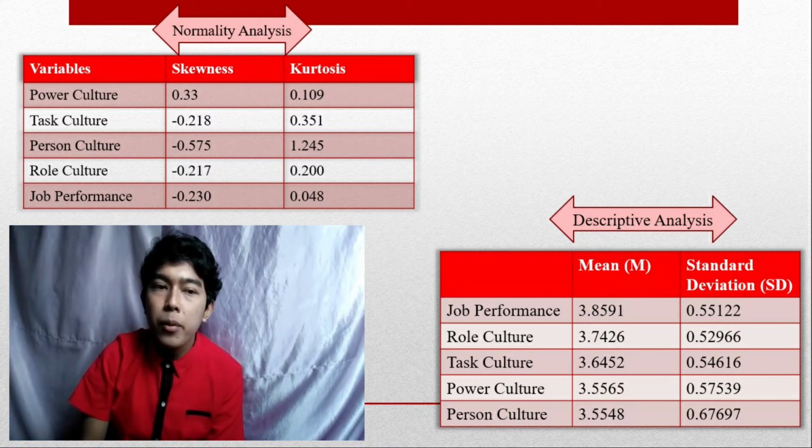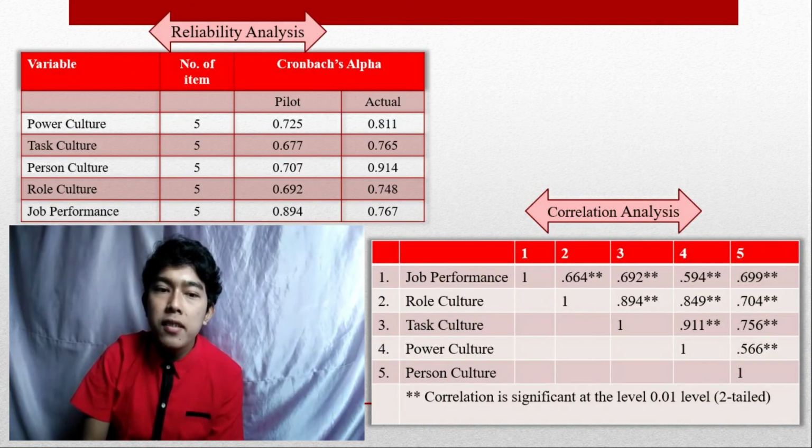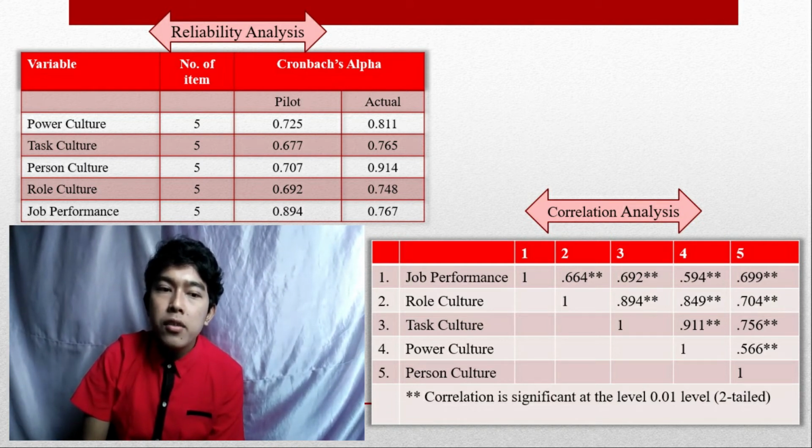Next, I'm going to explain the descriptive analysis. For the descriptive analysis, I'm using a 5-point Likert scale, and the role culture had the highest mean. For the reliability test, I used the study by Pallant 2019, where it is stated that 0.5 is considered poor, 0.6 acceptable, and more than 0.8 high reliability.